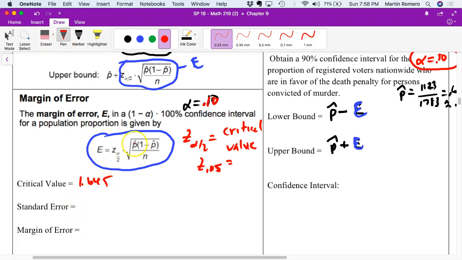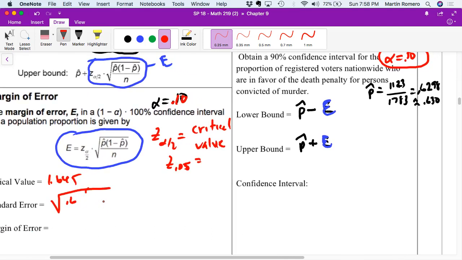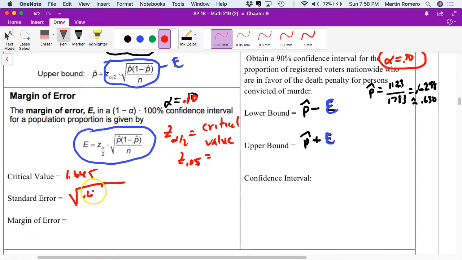What's the standard error? It's the square root of p hat, 0.630, times 1 minus that. 1 minus 0.630 is going to be 0.370. All of that divided by n.